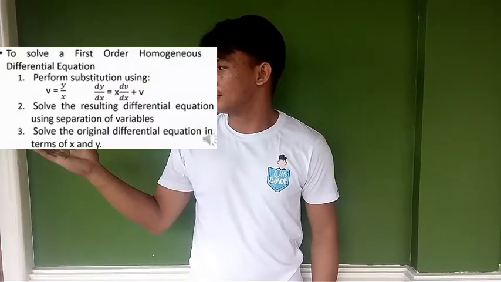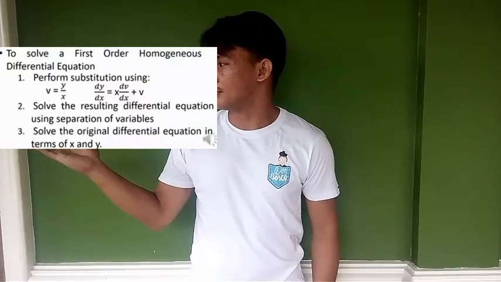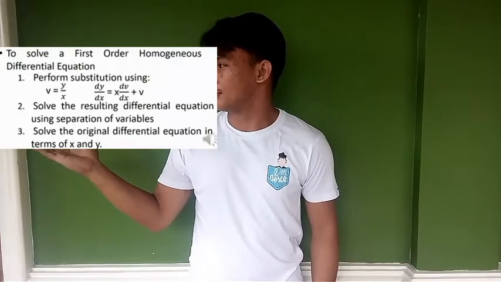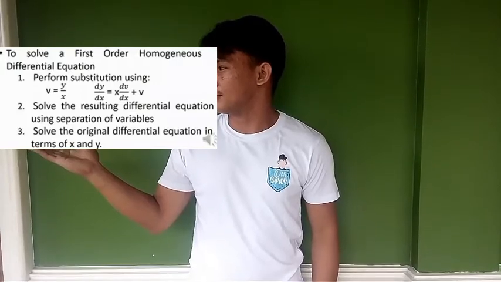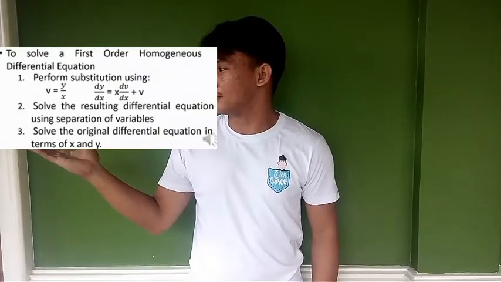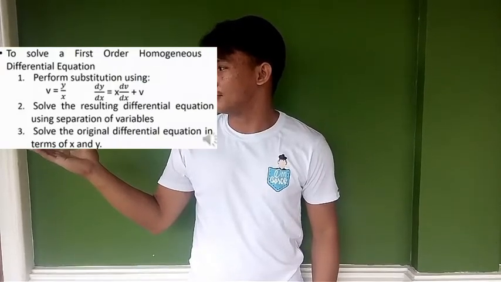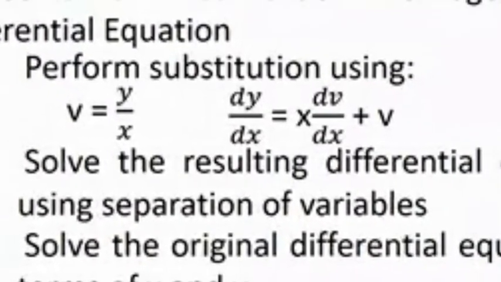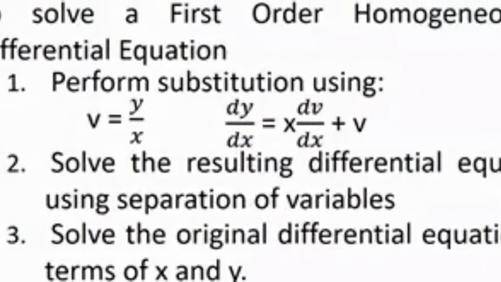Second, solve the resulting differential equation using separation of variables. And number 3, solve the original differential equation in terms of x and y. To further understand it, let's try some examples.